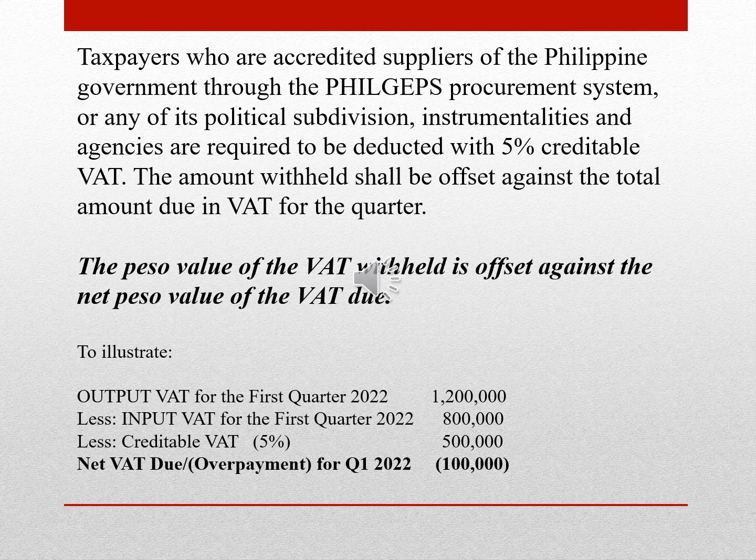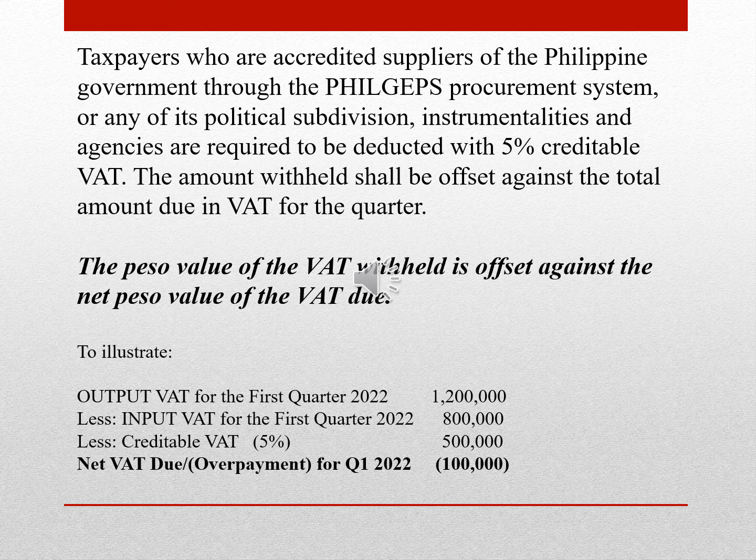But now, since everything is creditable, whatever is your transaction with the government or the private entity, offset siya against your output VAT. Now, if you're not familiar with what an output VAT and an input VAT are, let's discuss it in another session. But as a brief intro, output VAT is for your sales, input VAT is for your purchases or expenses.